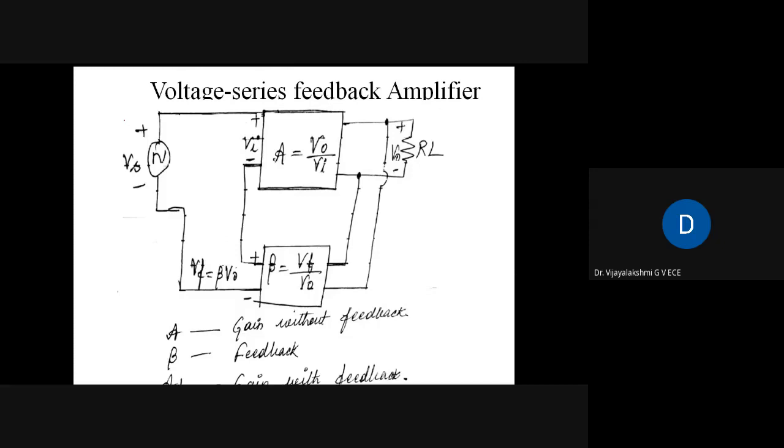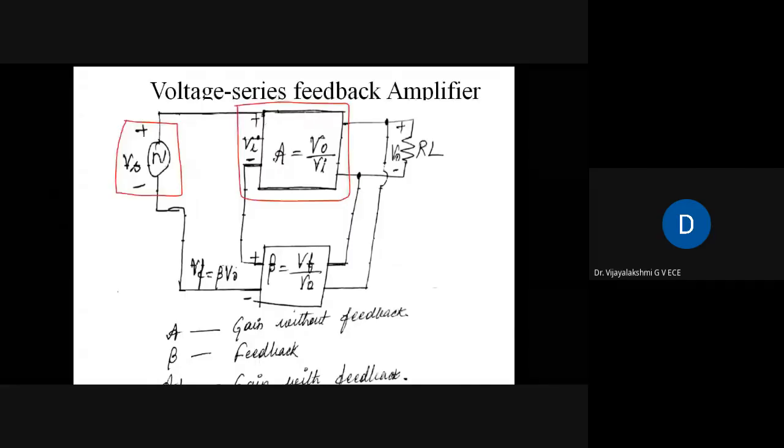This is our input, which is Vs. And this is the amplifier in the forward path. A is the gain of the amplifier. The input to this amplifier is Vi, and the output of this amplifier is V0. Where are we measuring V0? Across RL.